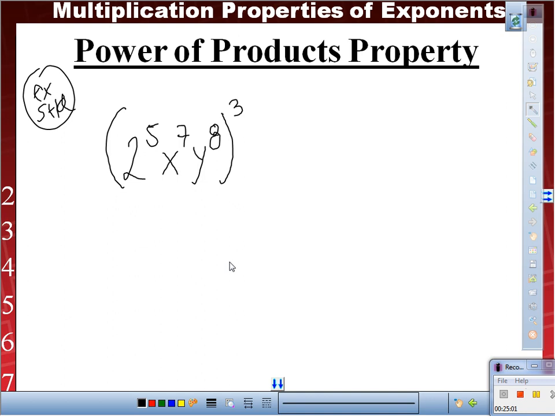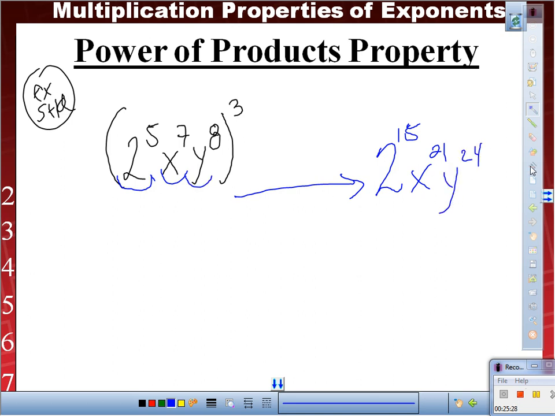Look up. Start with this one. 2 to the what, everyone? 15. And then we got this one, x to the what? 21. And then this one is y to the 24.